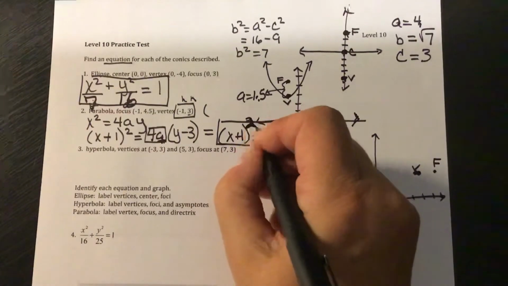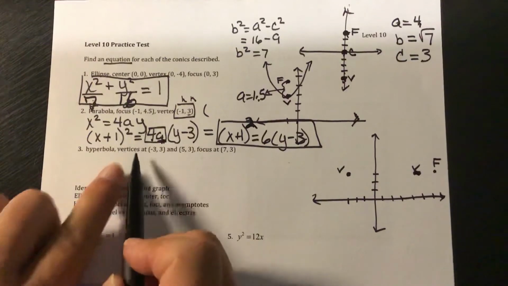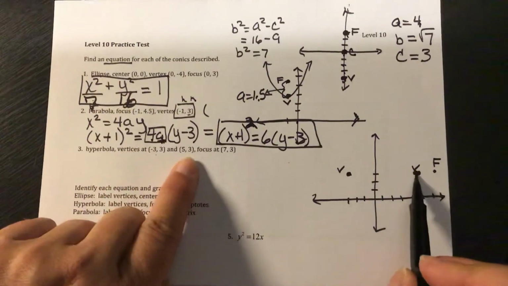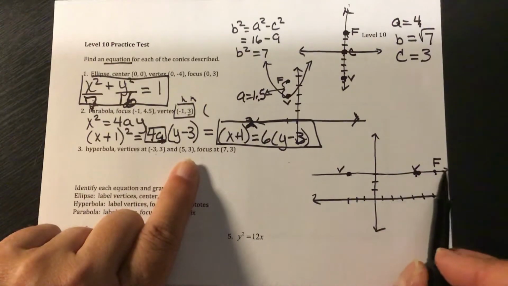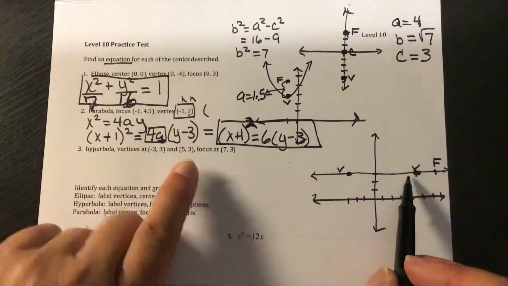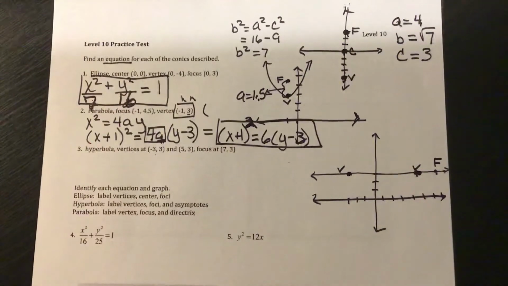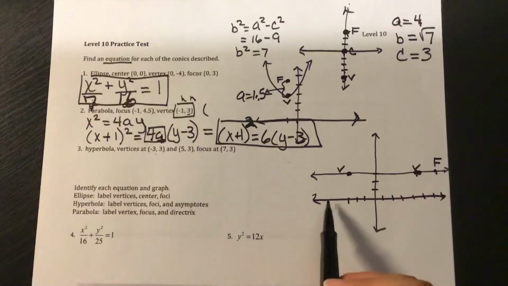And then we have a hyperbola. And I have vertices at (-3, 3) and (5, 3), and a focus at (7, 3). So this is my transverse axis right here. So I know that in my hyperbola, the x term is going to go first in the equation because it's parallel to the x-axis.